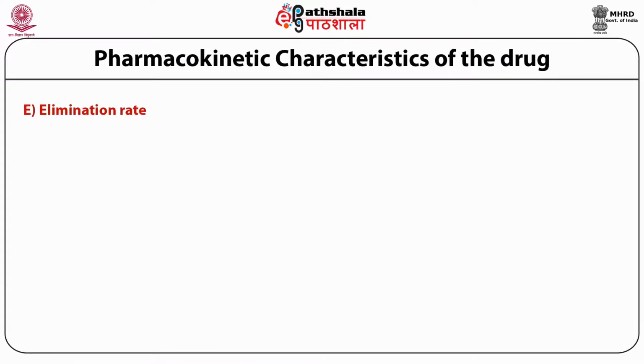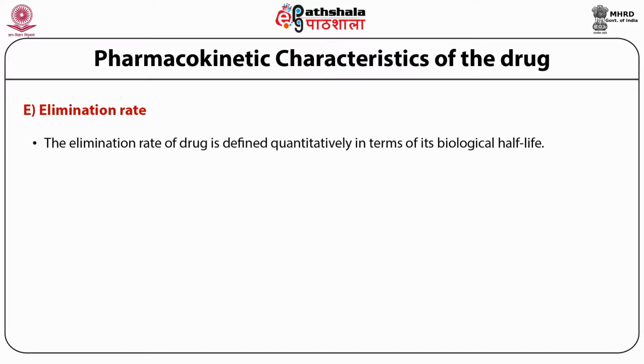Elimination or biological half-life. Every drug has its specific elimination rate, which is a sum of all processes involved in removal of drug from the body, like metabolic processes, urinary excretion, etc. The elimination rate of a drug is defined quantitatively in terms of its biological half-life.